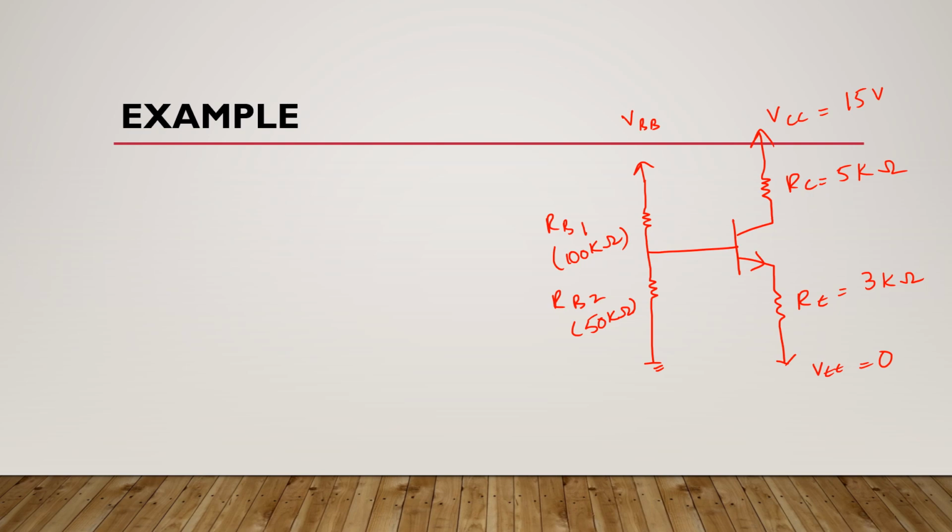Okay, so how are you going to start your analysis here? Again, first you will find RTH, and we know that this RB1 and RB2 are in parallel configuration, so this RTH will be found using this formula, and after solving this you will get RTH equal to 33.33 kilo ohms. Now what about VTH?